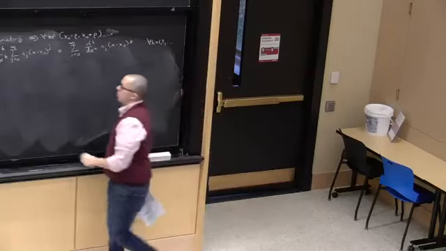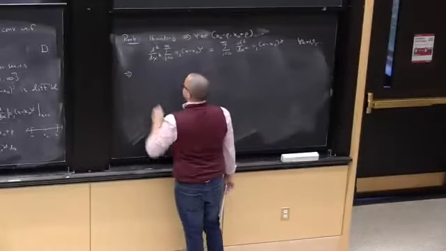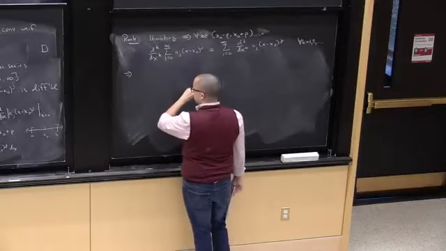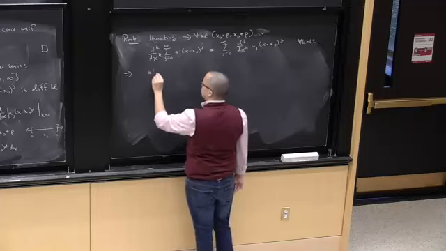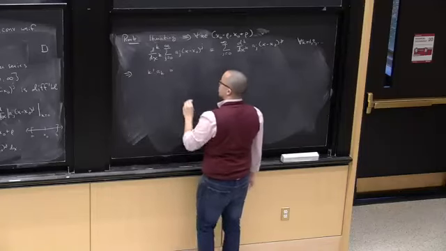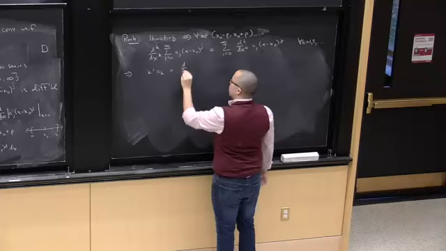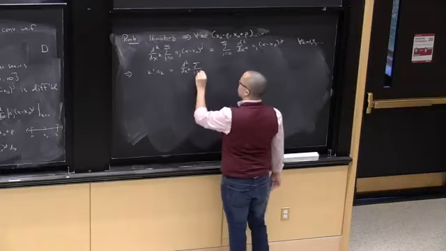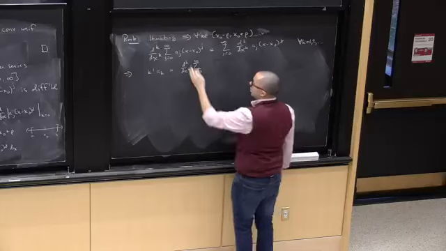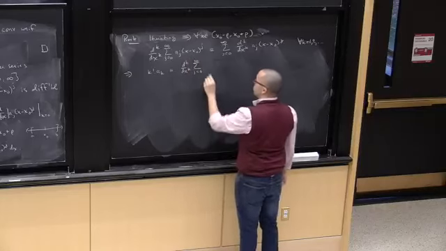In particular, if I evaluate at x naught, this tells me that k factorial a sub k is equal to the kth derivative of this function, which is what you get out when you stick x into this power series.